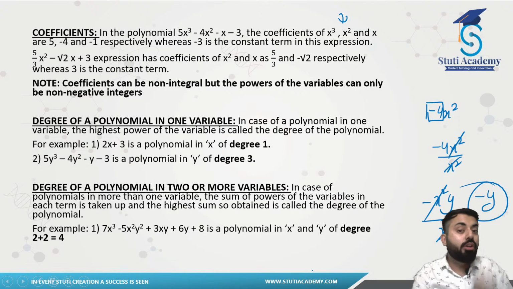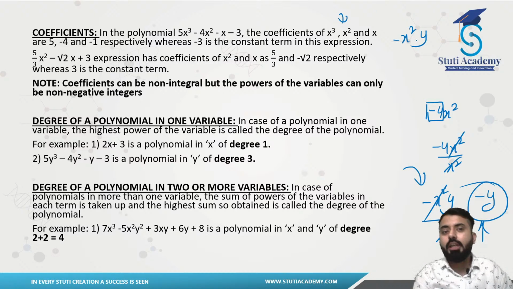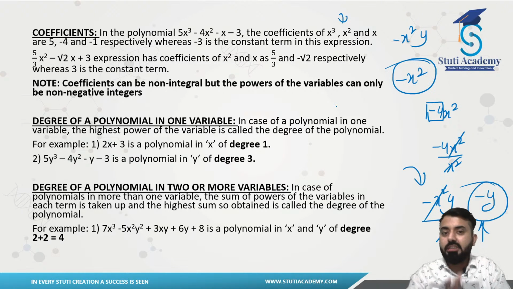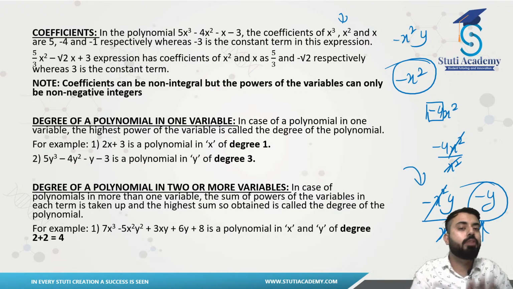That is also a coefficient. Don't get confused. It is a variable, but it is acting as a coefficient to your x square. And the other way around, if somebody asked me to find the coefficient of y in negative x square y, that would be negative x square. So you see, coefficients are most of the time constant values, but it is not necessarily fixed that they will always be constants. There can be variables also acting as coefficients. So remember, the coefficient is generally the partner of your required variable. That is the whole point here.